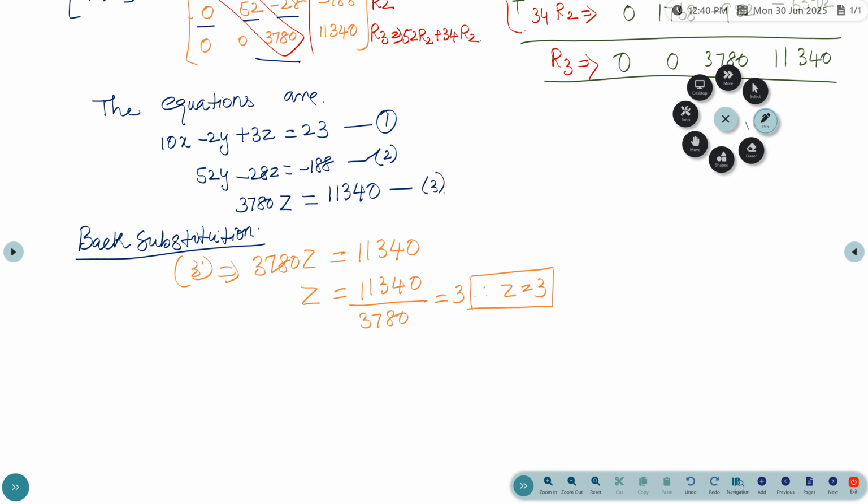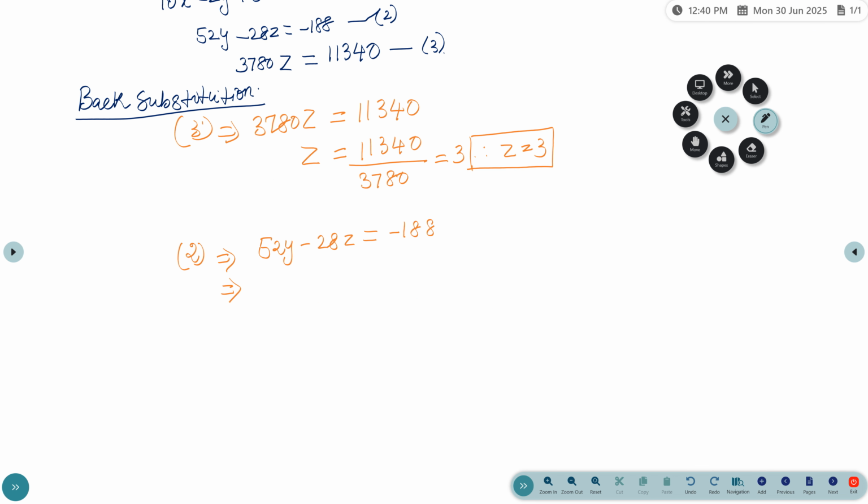Now come to the second equation. Your second equation is 52y minus 28z is equal to minus 188. Now we solve this equation by substituting the value of z. The value of z from the previous step is 3.